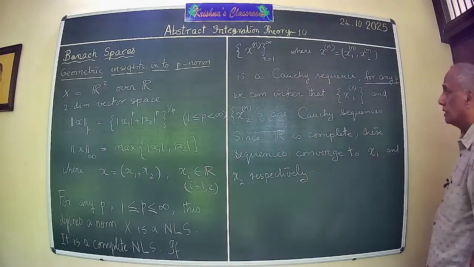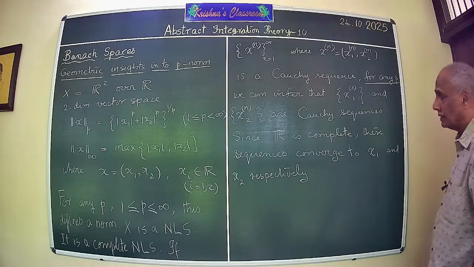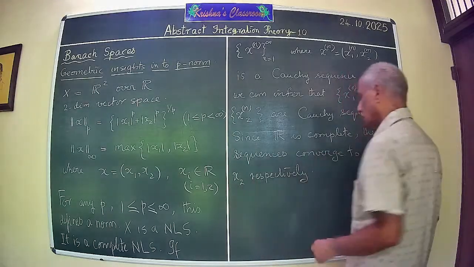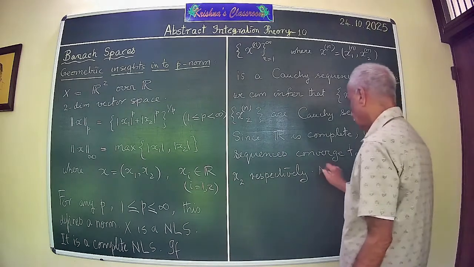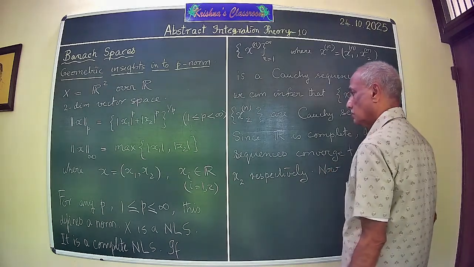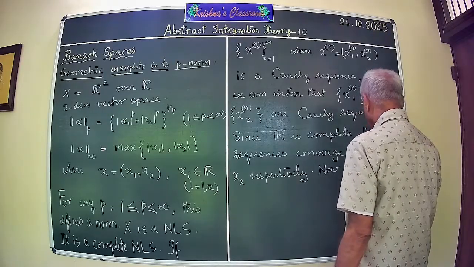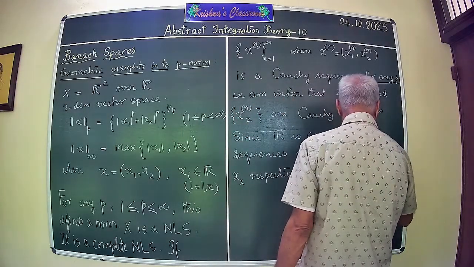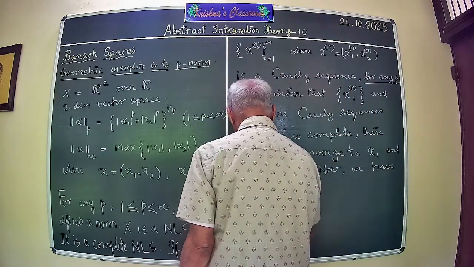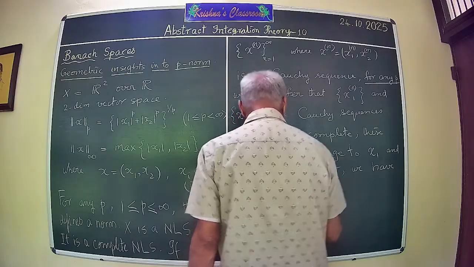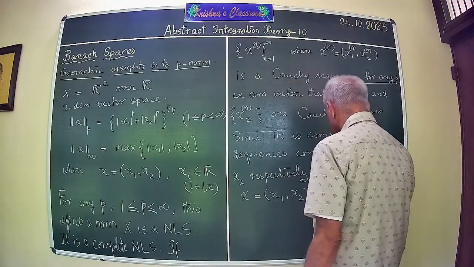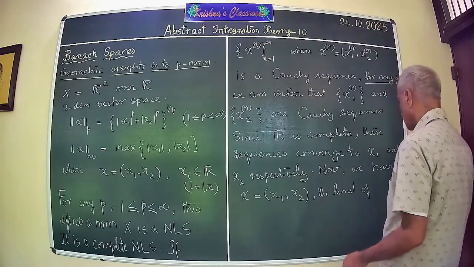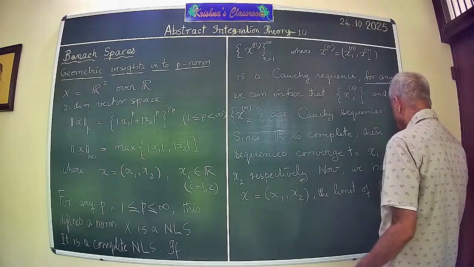So xn1 converges to x1 and xn2 converges to x2. Okay. Now we have the limit of xn.